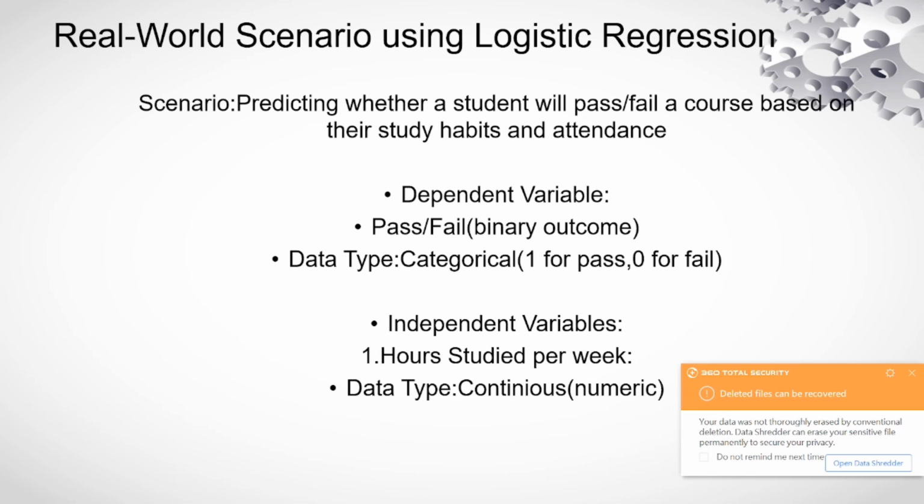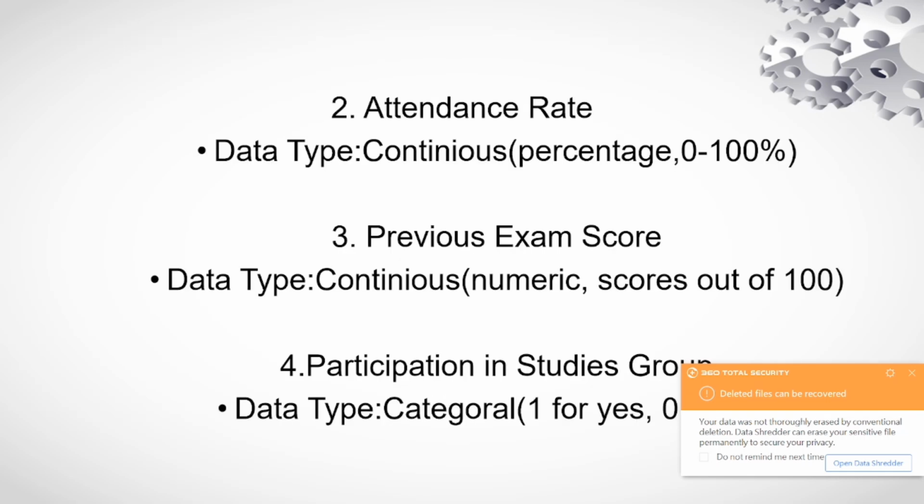Independent variables. Number 1, hours studied per week. The data type will be continuous. It is numeric. Number 2, attendance rate. Data type continuous. Example, percentage. It is 0 to 100%. Number 3, previous exam score.